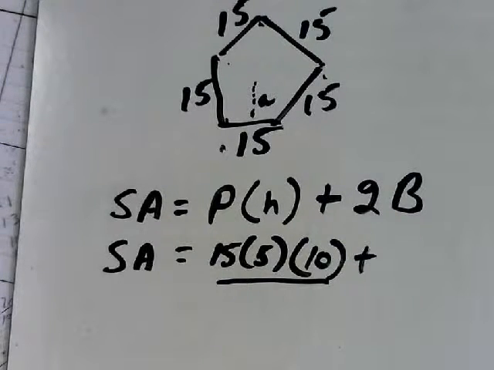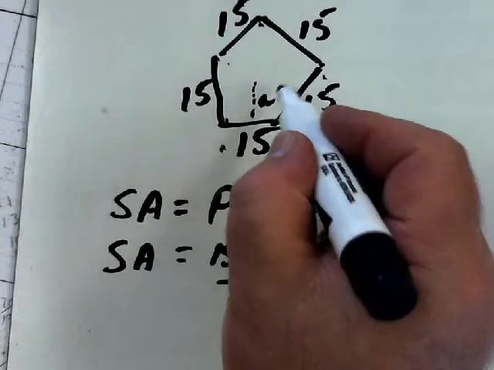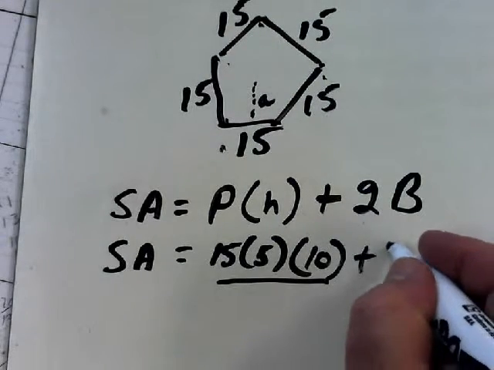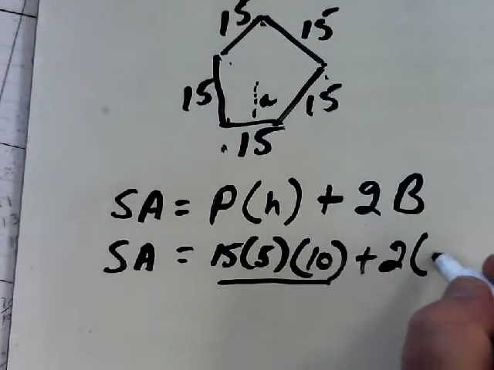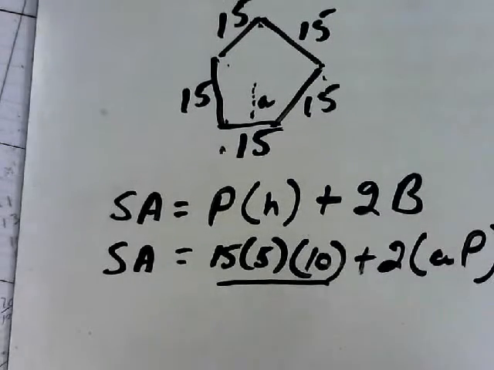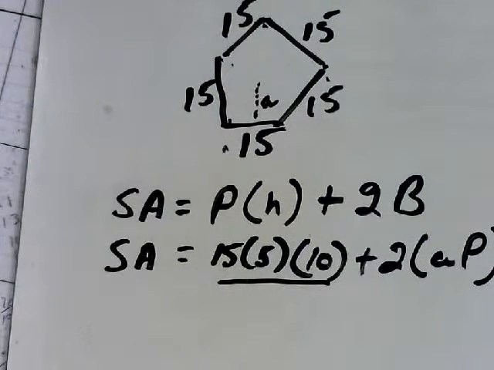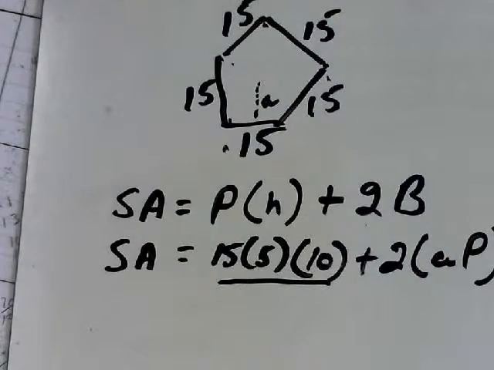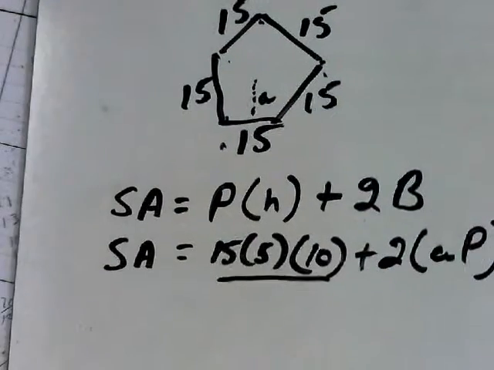What else was with that formula to find the area? A times the perimeter, right? So to find the area of the base, I have A times P, but I'm still going to have to find this A. How do I find that A?